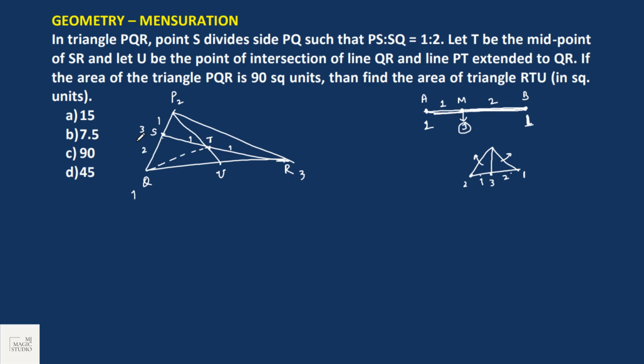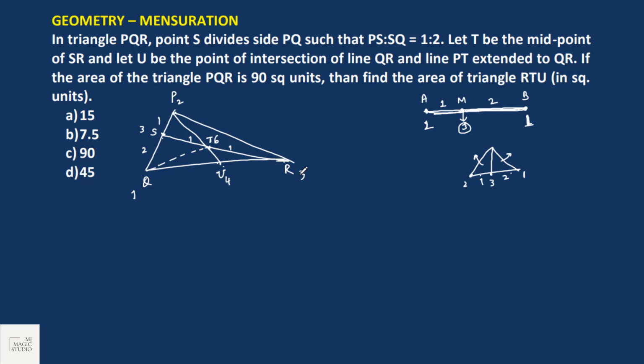So that 3 into 1 becomes 3 into 1. Now 3 plus 3 is 6. Value at T is 6. Now look at PTU. At T the value is 6. At P it is 2. That means the mass pull value at U should be 6 minus 2, that is 4. And bingo, here you can see 1 plus 3 is equal to 4. That means the entire system is in balance.